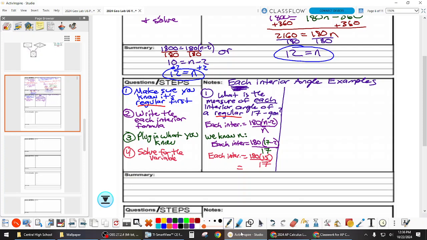Let's actually name that on here. Total degrees over number of angles.